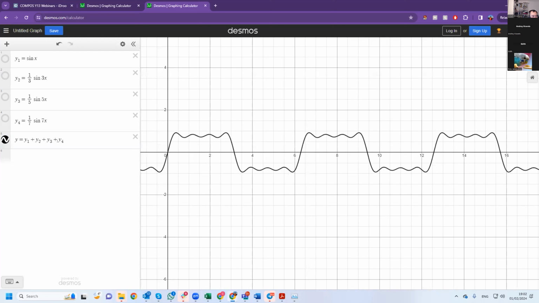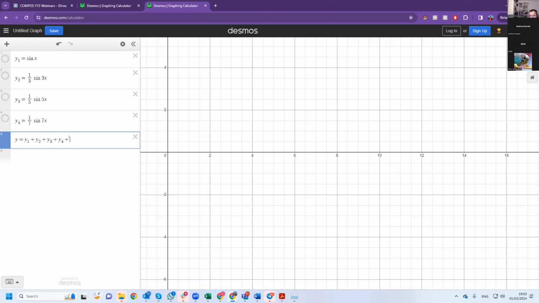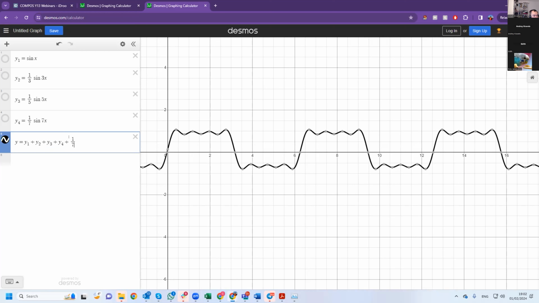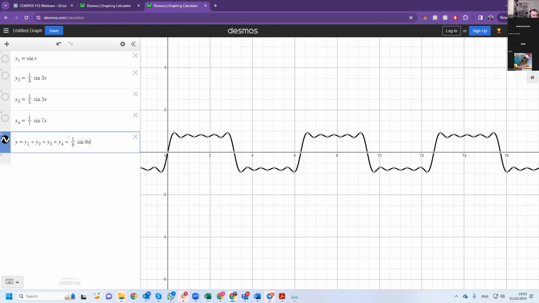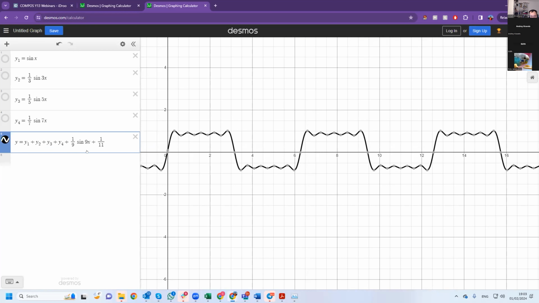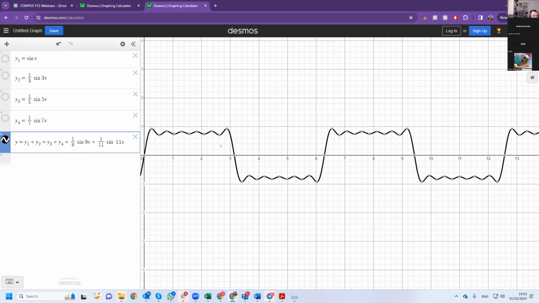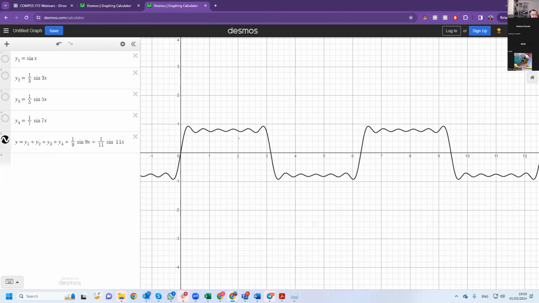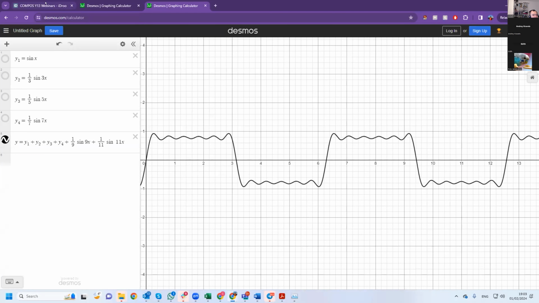If you carry this on, plus 1/9 sine 9x and plus 1/11 sine 11x, you get something closer and closer to a function like this.